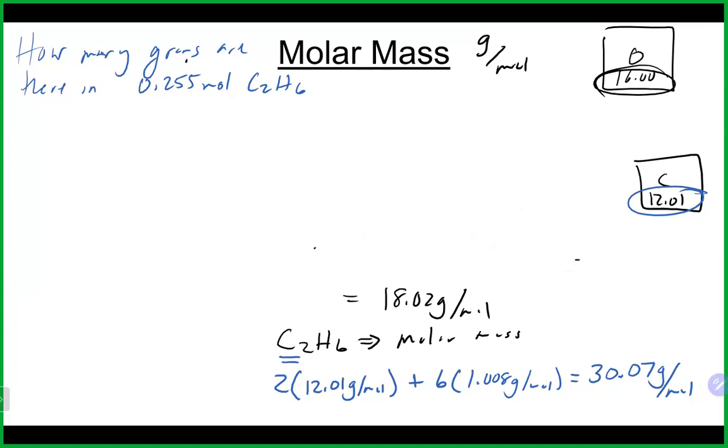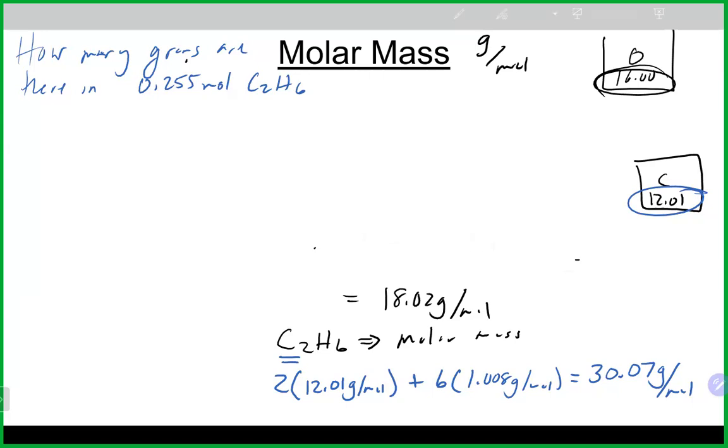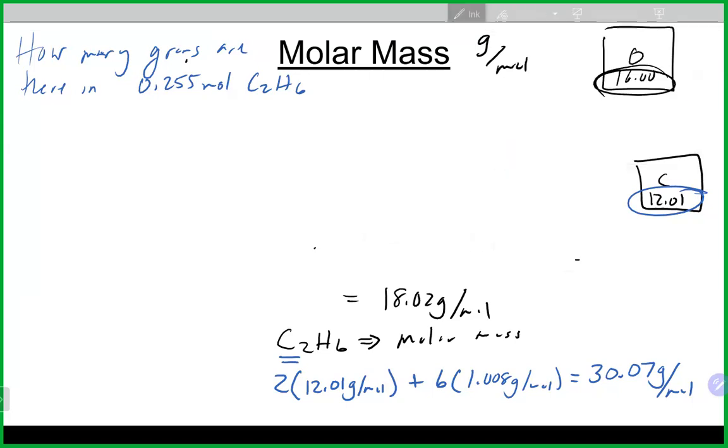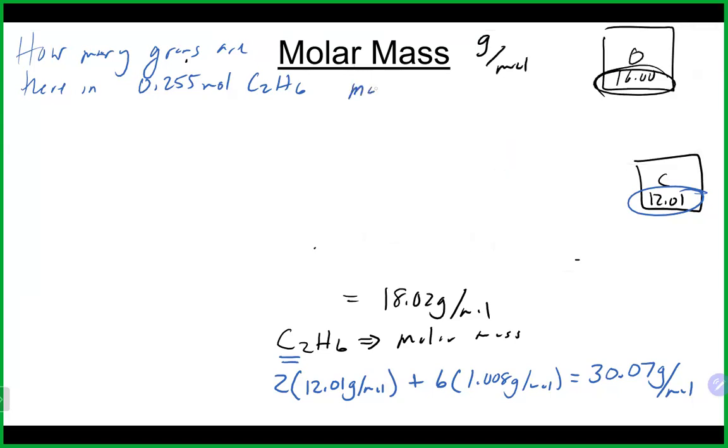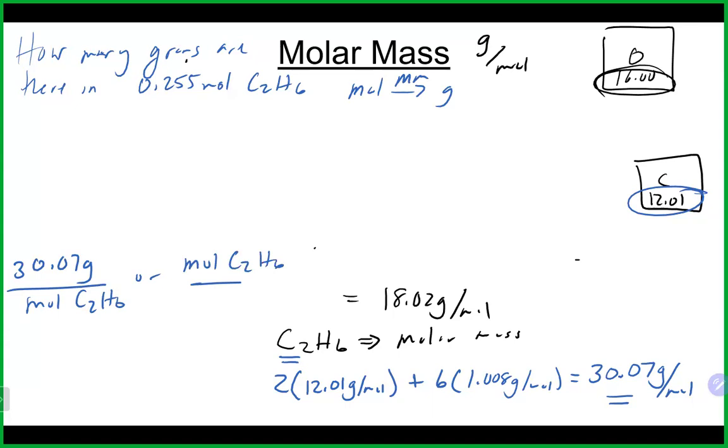This is a conversion from moles to grams, and always that conversion of moles to grams is the molar mass from the periodic table, which we just calculated down here at the bottom. That gives us two conversion factors. That gives us 30.07 grams per mole of our C2H6, or again, we could flip it around, mole of C2H6 over 30.07 grams.